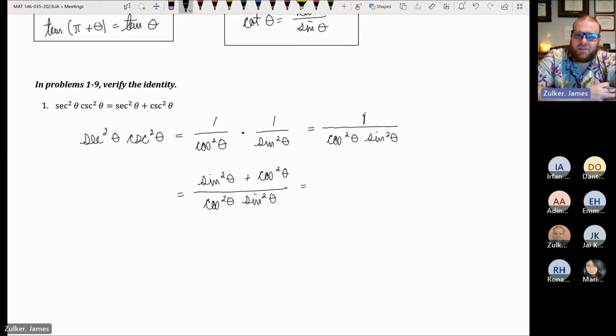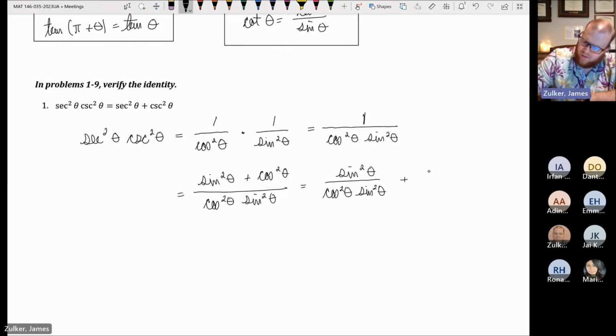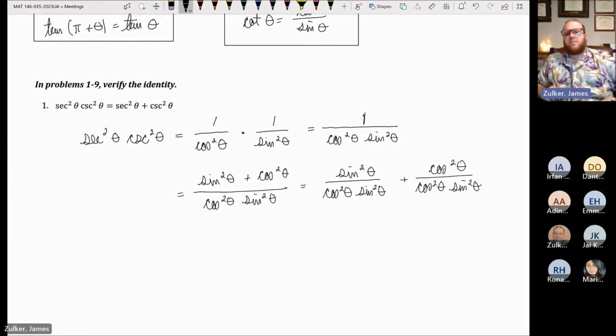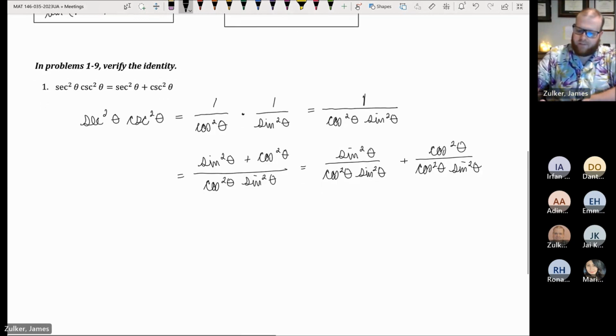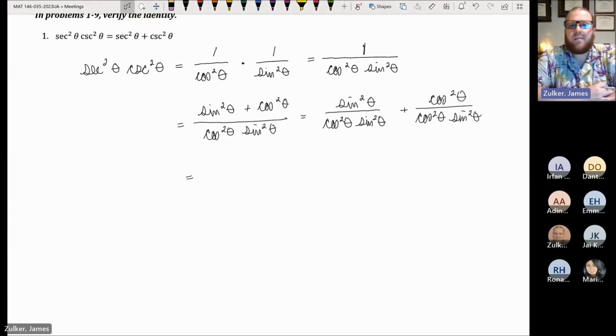We can split this now into two fractions. Well, this first fraction, you have sine squared over sine squared, which is just 1.